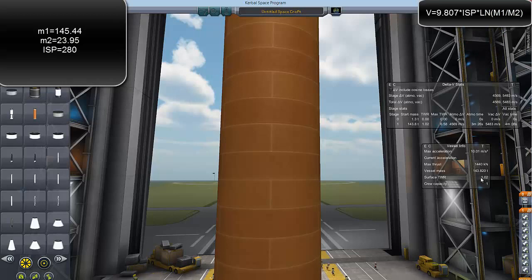So imagine a G here, and since it's 1G on Kerbal or Earth, then this needs to be more than 1. I can't remember how many G's are on the moon, but whatever amount of G's on the moon, just put whatever in G, and it just has to be above that. That's the best way to really think about this thrust versus weight ratio thing.